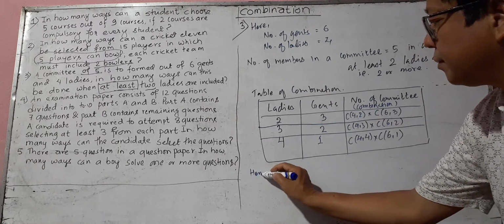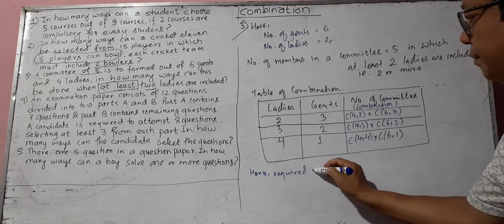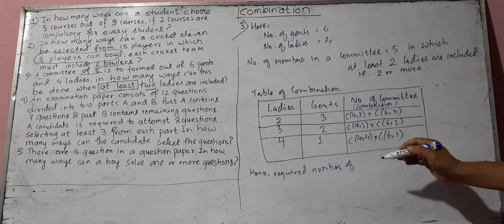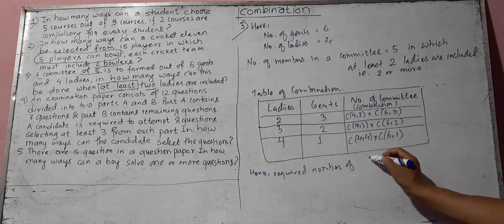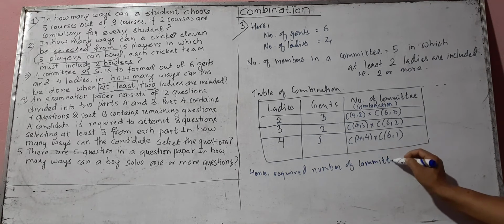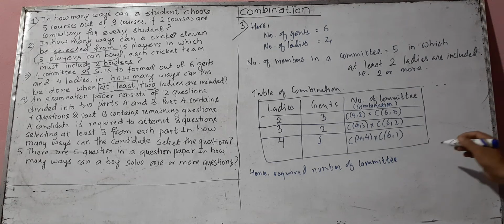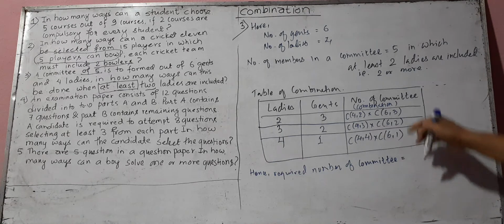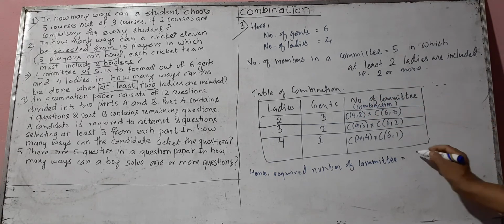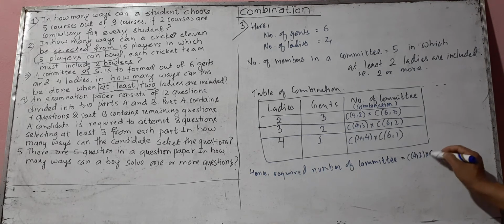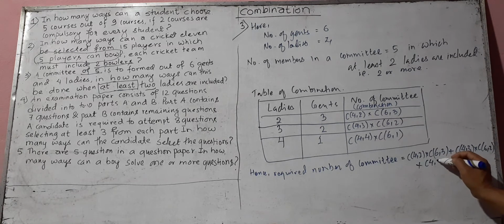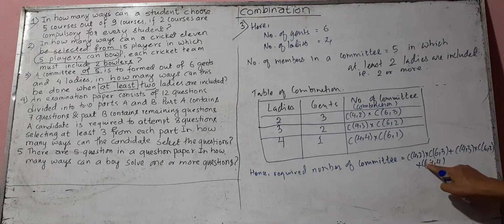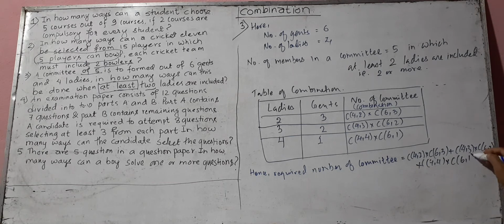Hence the required number of committees is equal to the sum of all these rows: C4,2 into C6,3 plus C4,3 into C6,2 plus C4,4 into C6,1.